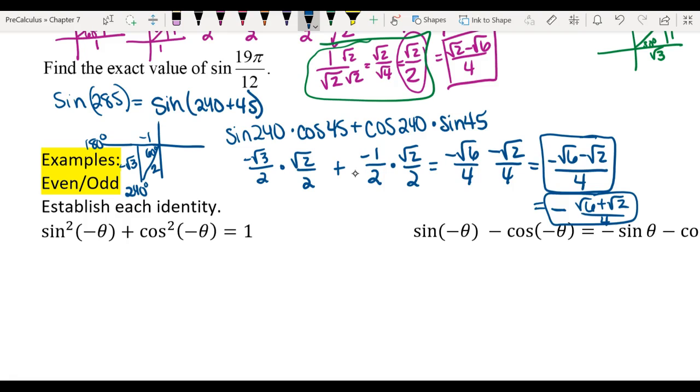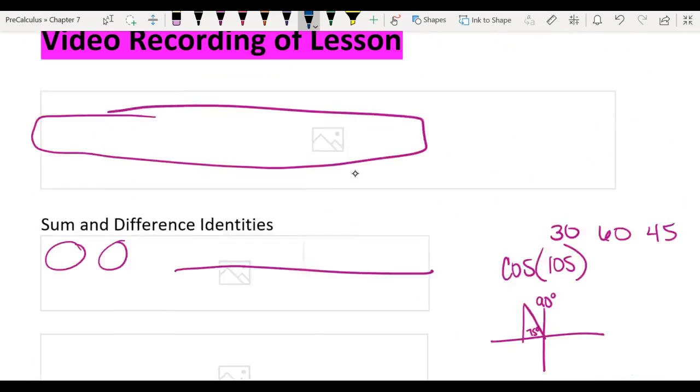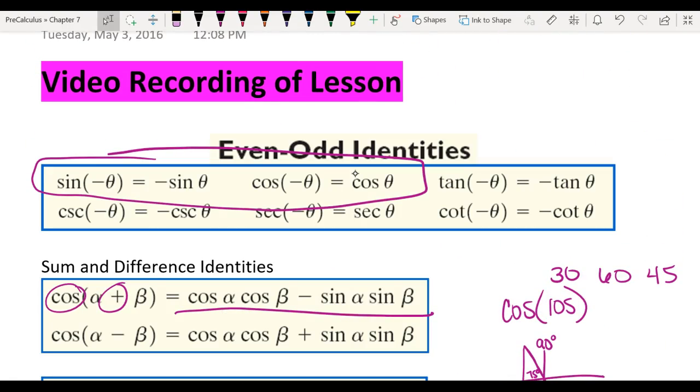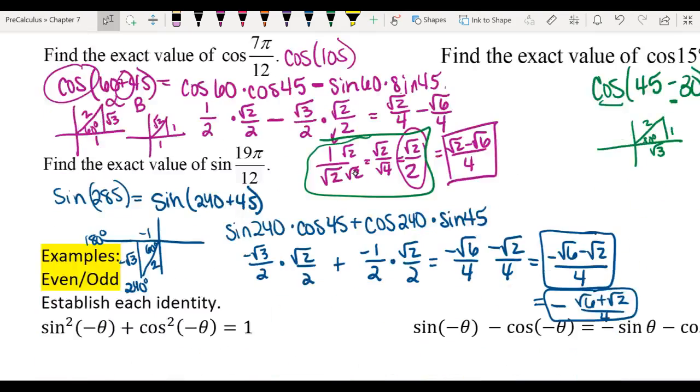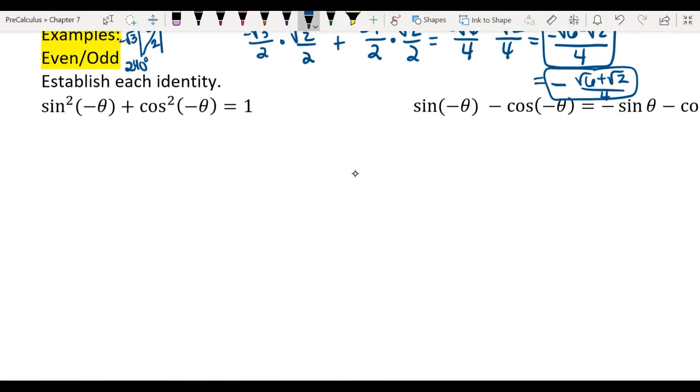So if sine is negative, what happens when that negative comes out? It's a negative, and cosine of a negative turns to a positive. So this one stays negative, this one stays positive, based on these identities that we have at the top, right? That we talked about yesterday. Okay? And then remember, if it's squared, it means we have negative sine of theta squared.